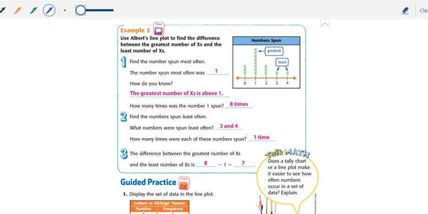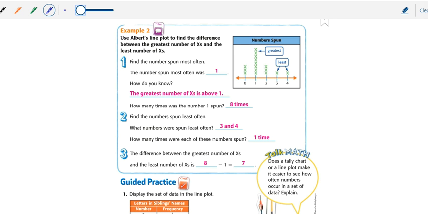Number 2. Find the number spun least often, okay? How are we going to find this? You are going to count the x's above the numbers, and the numbers that have the least x's are 3 and 4. So you write 3 and 4. How many times were each of these numbers spun? ¿Cuántas veces se giró y cuántas veces cayó en ese número?